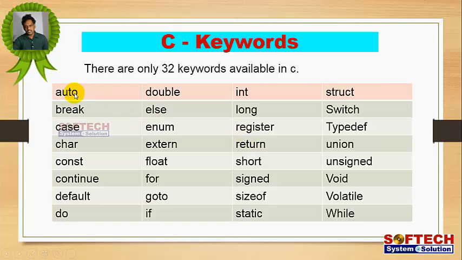Each and every keyword has a special meaning in the compiler. Totally 32 keywords are available in the C language. By using these keywords, we make a statement. Based on the statement, the compiler understands our requirement. So a keyword is similar to a verb in English.